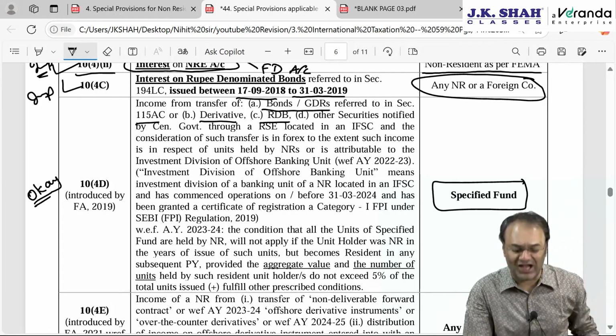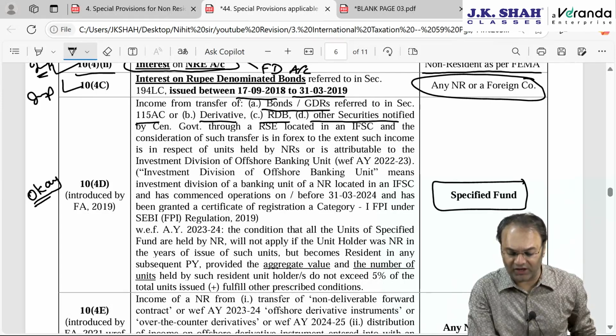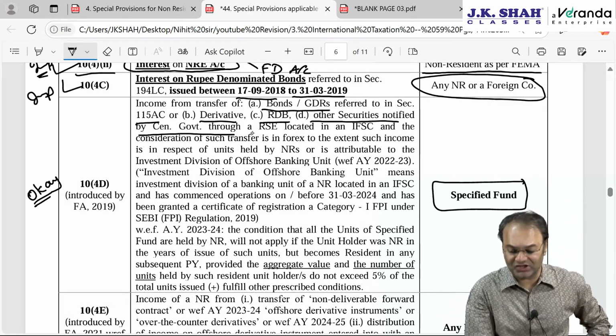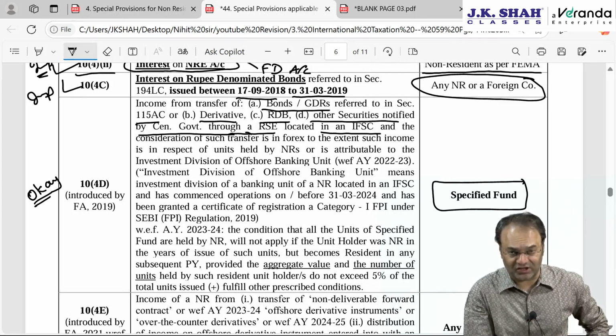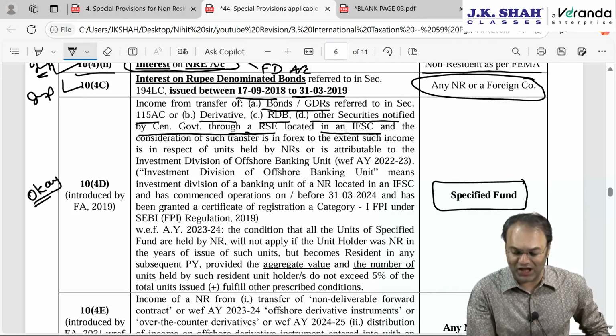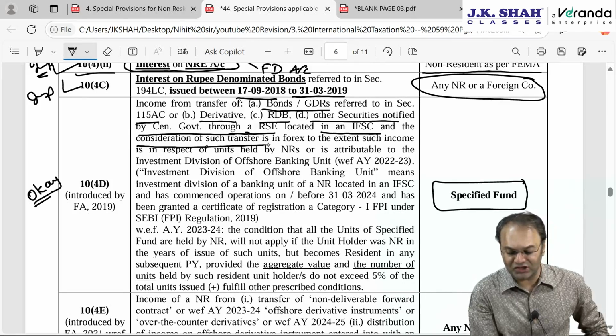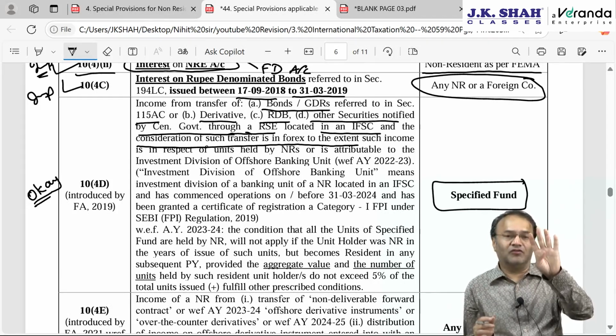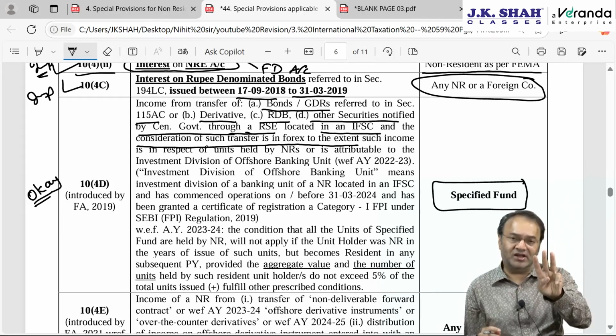And number 4 is any other security as may be notified. Up till now nothing is notified, provided transfer takes place through a recognized stock exchange located in International Financial Service Center, IFSC, Gift City, Gandhinagar, and the consideration is entirely in foreign currency, then it will be exempt. 4 types of assets, which are practically 3.